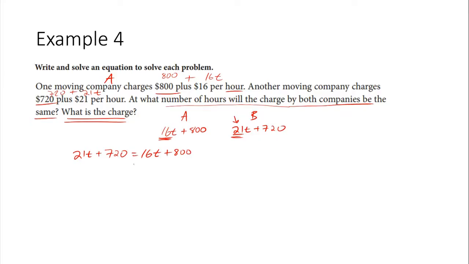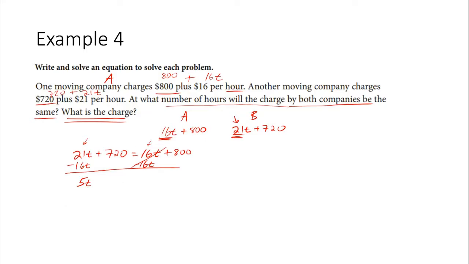The reason I did that is because, like the other examples, when you find the difference for their hourly rates and use the subtraction property, I have the 21, which is greater than the 16, on the left-hand side. So when we use the subtraction property and cancel out the 16t on the right-hand side, when you subtract the 21t with the 16t, you actually get a positive 5t.